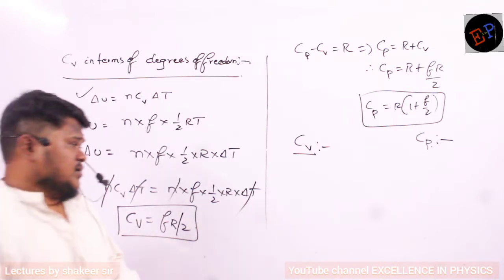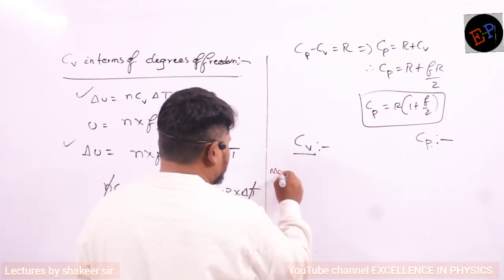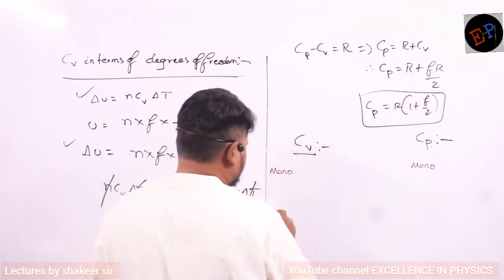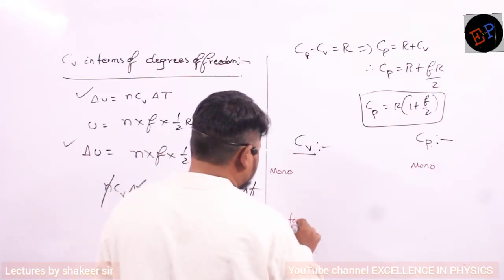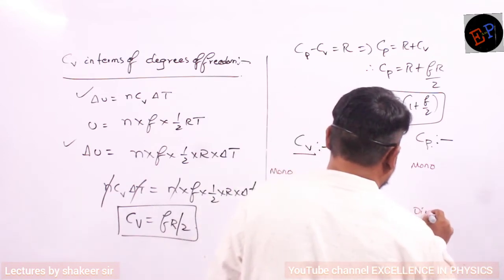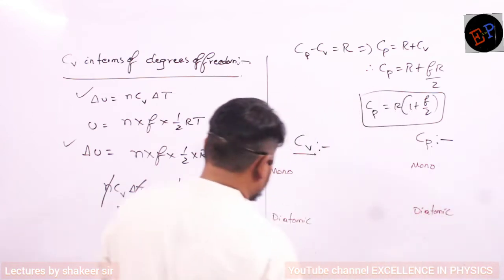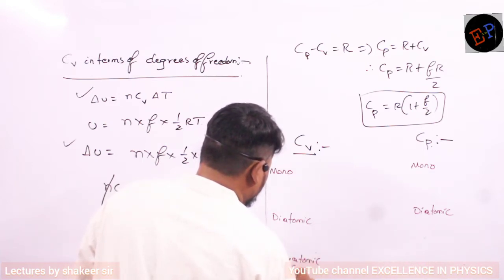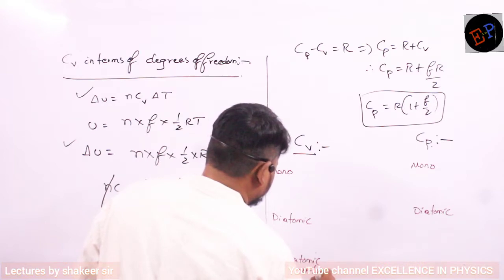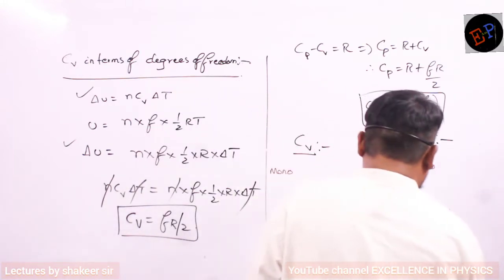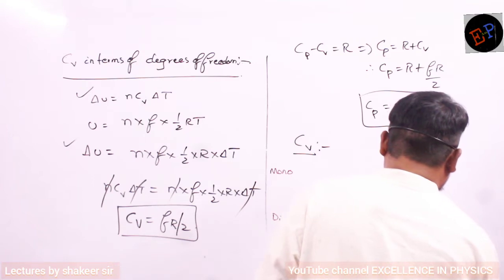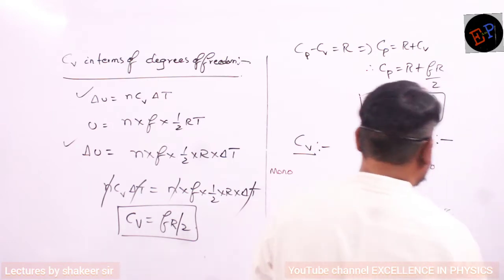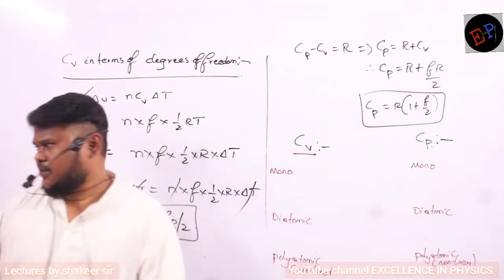First of all, we will write the Cv value for monoatomic gases, then diatomic gases, and for polyatomic gases, non-linear. Polyatomic, or you can say triatomic also, both are the same, but they should be non-linear. If it is triatomic, it should be non-linear.